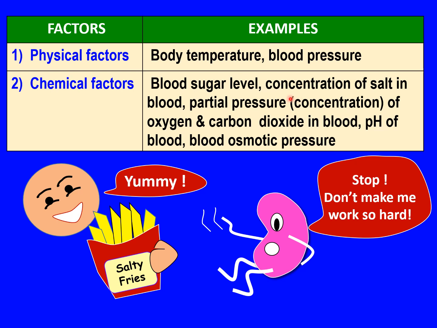Now, for concentration of salt in the blood, you see, it can vary or change according to our diet. For example, if a person were to eat a lot of French fries that are very salty, then his concentration of salt in the blood will increase, and then the kidney will have to work hard to excrete the excess salt.